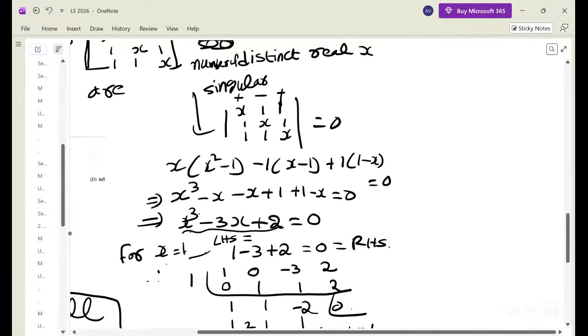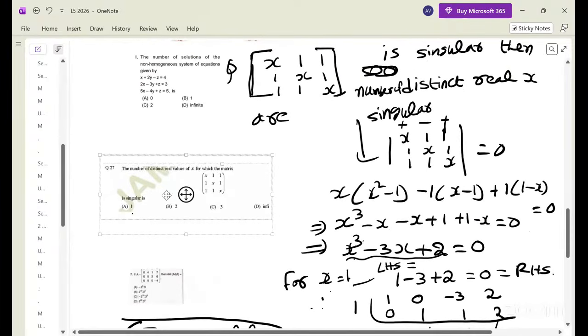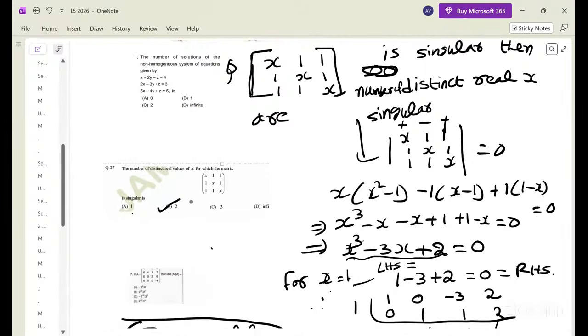How many distinct real roots are there? Option B is correct: 2. Otherwise, what will you write? 3. Some students will write 3 because it is a cubic equation, therefore 3. Intelligently they are doing that.